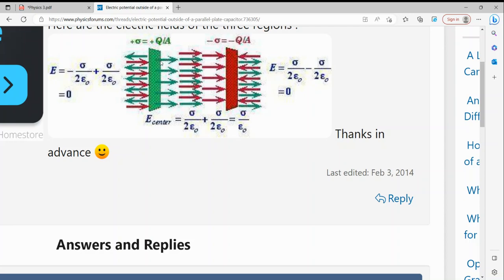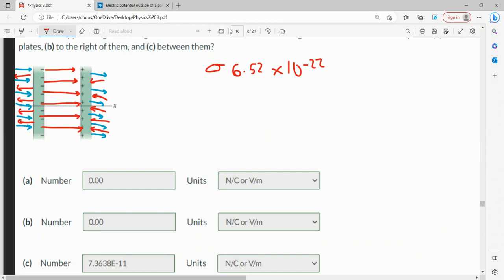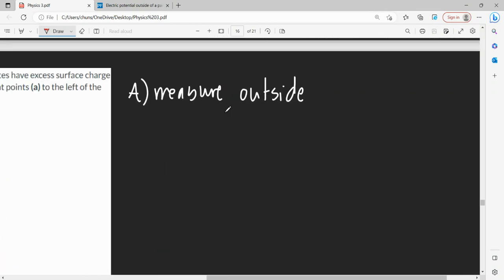And for a negative one, they're represented by the red arrows, they're flowing into it. So basically just the opposing influence from both the plates measured on the outside will create a zero electric field. So that can answer A and B. So measure outside, we add both plates.